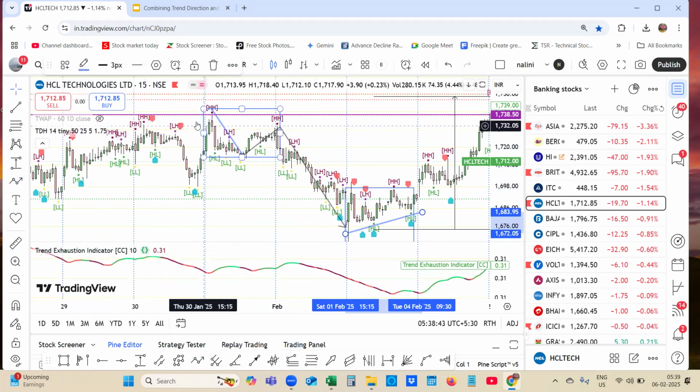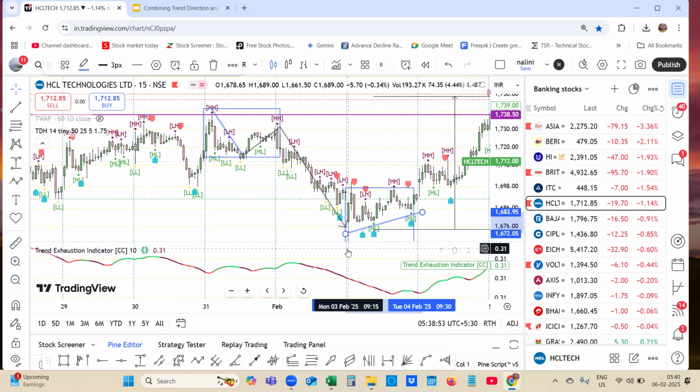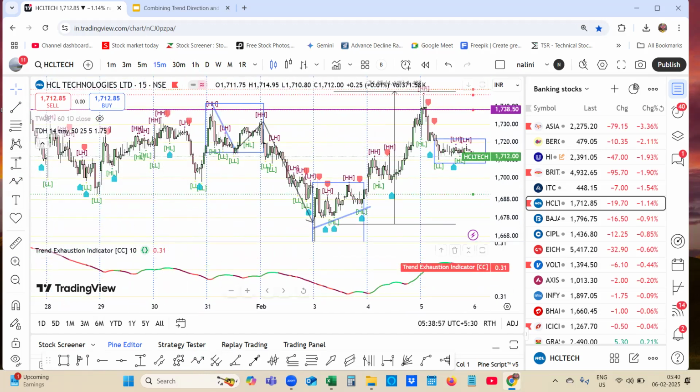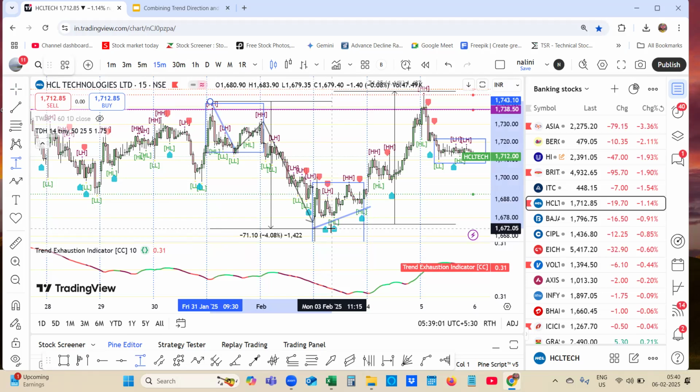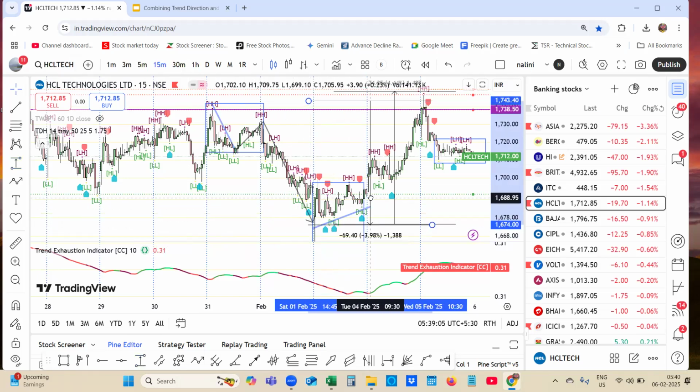If you could have taken a trade around this area, that is Friday to Saturday, and Monday it formed a lower low and there was a parabolic up move. So this stock, within 2 days, has given 4.08%, around 4%.